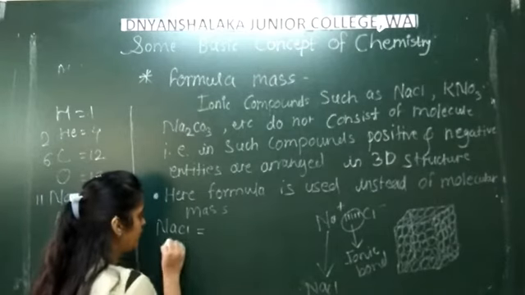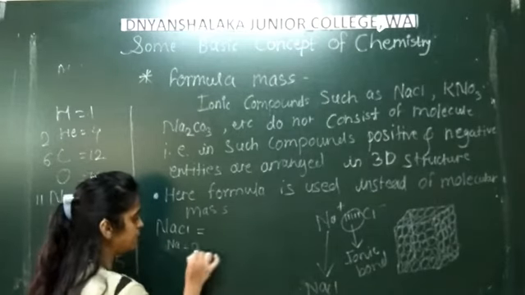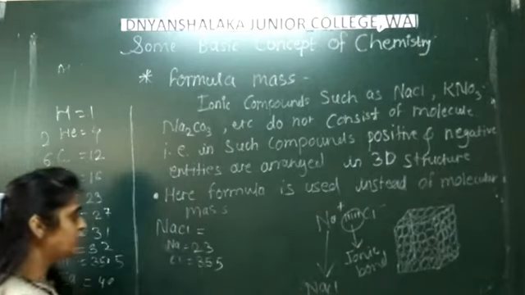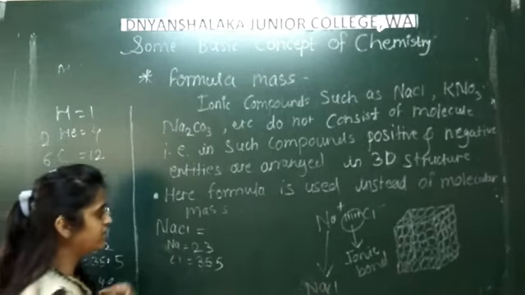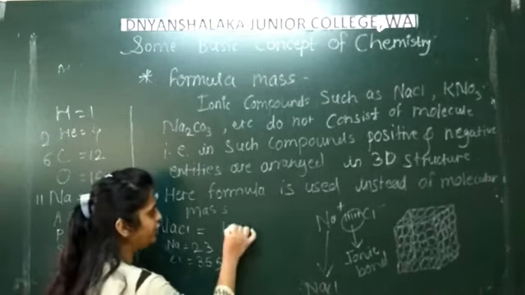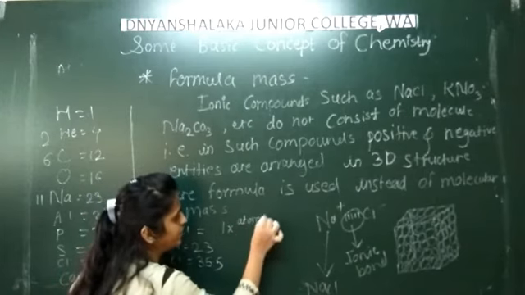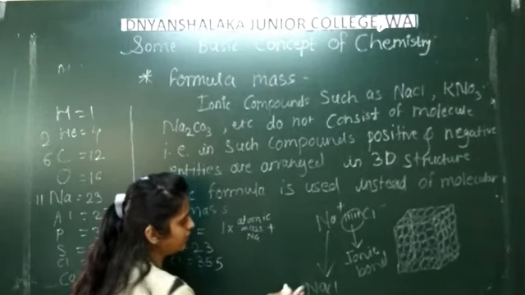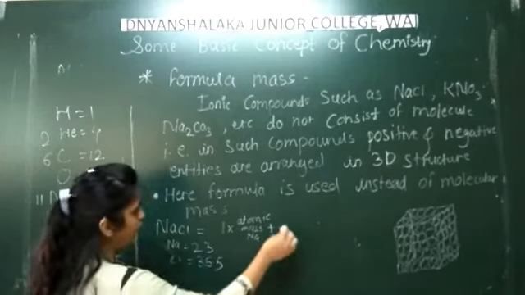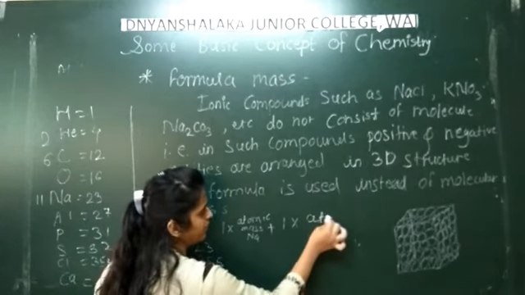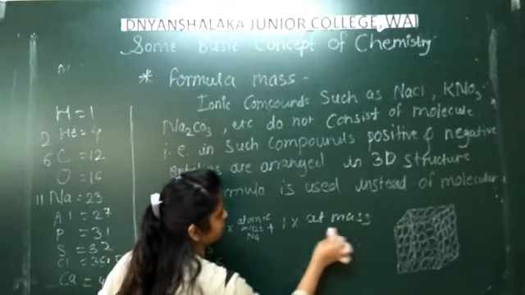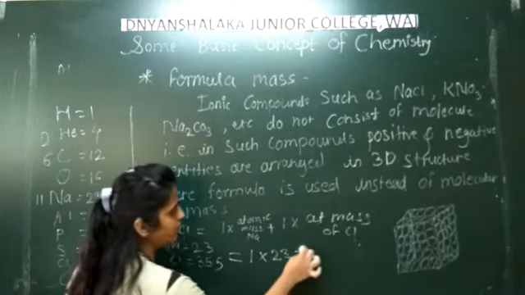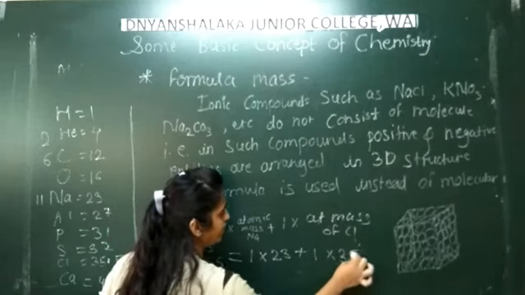So Na atomic mass is 23 and Cl is 35.5. So to calculate formula mass of NaCl: 1 mole of Na into atomic mass of sodium plus 1 mole of chlorine into atomic mass of chlorine. 1 into 23 plus 1 into 35.5.